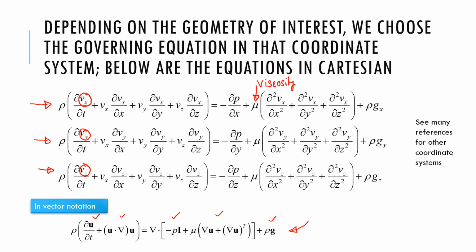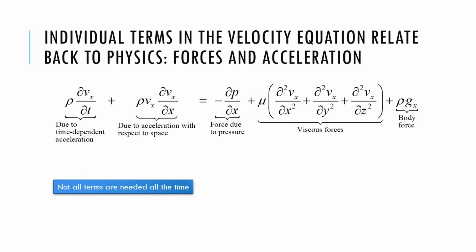But you want to see how each component came from simply doing force balance and a little bit of information about the fluid type. So these are very general. The equation with all these different terms, so here I've only written it for the x direction, can be nerve-wracking trying to use them.